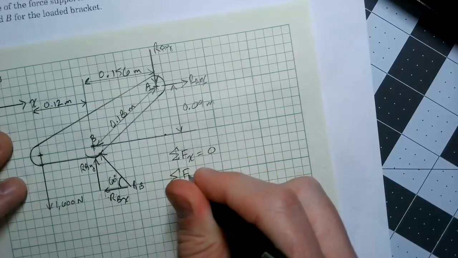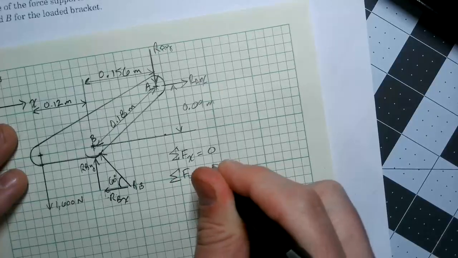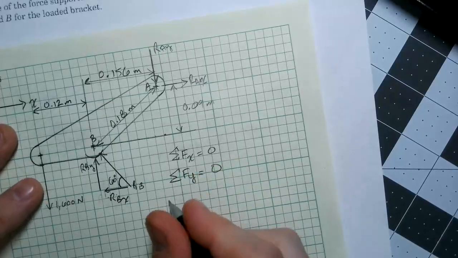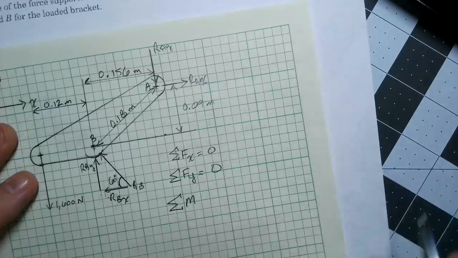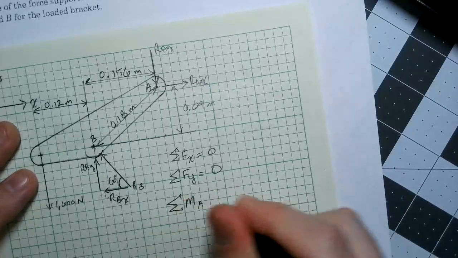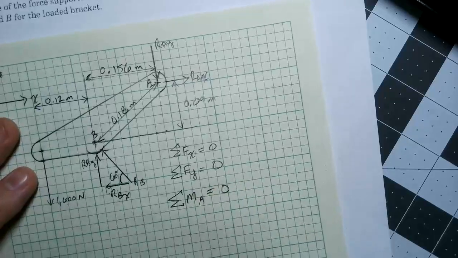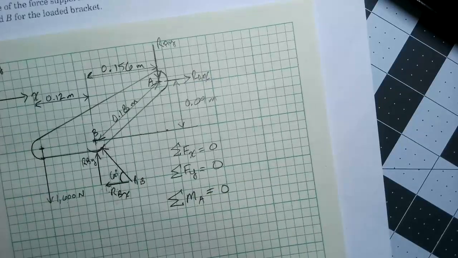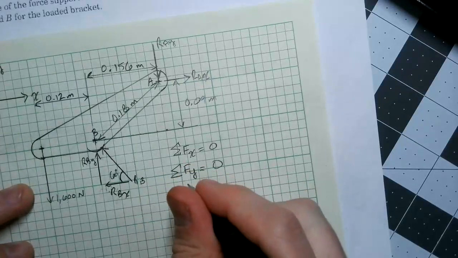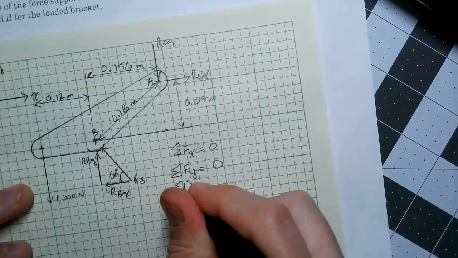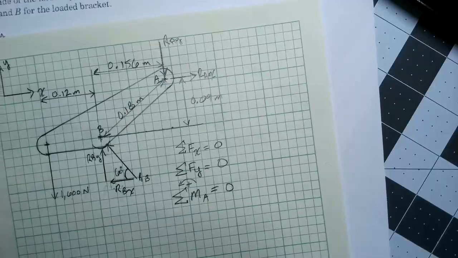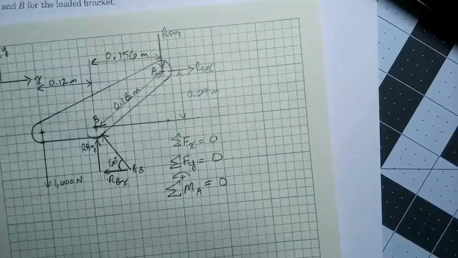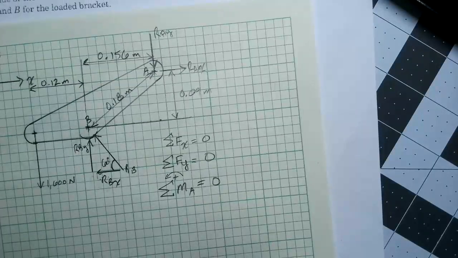The sum of the forces in the y direction has to equal 0. And the sum of the moments about any point, and for our analysis we'll use point A, has to equal 0. We have to specify which direction of rotation is positive, and we'll call counterclockwise positive because that's the typical convention associated with mechanics problems.